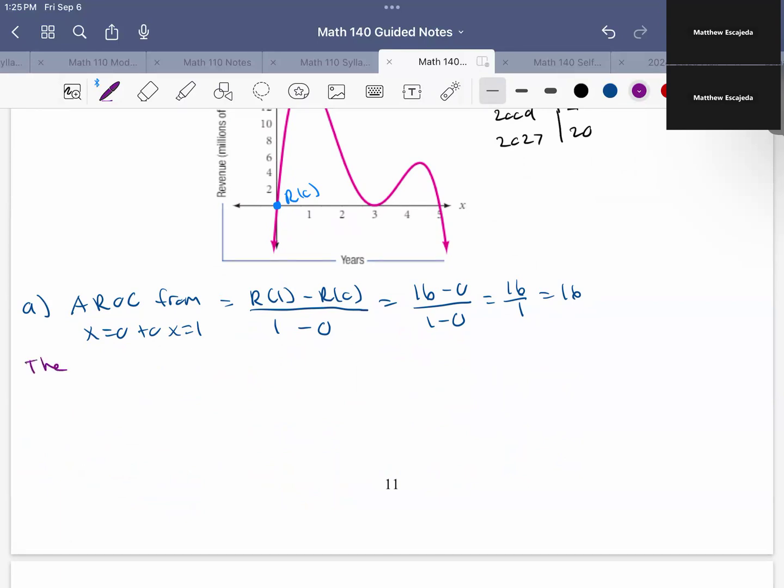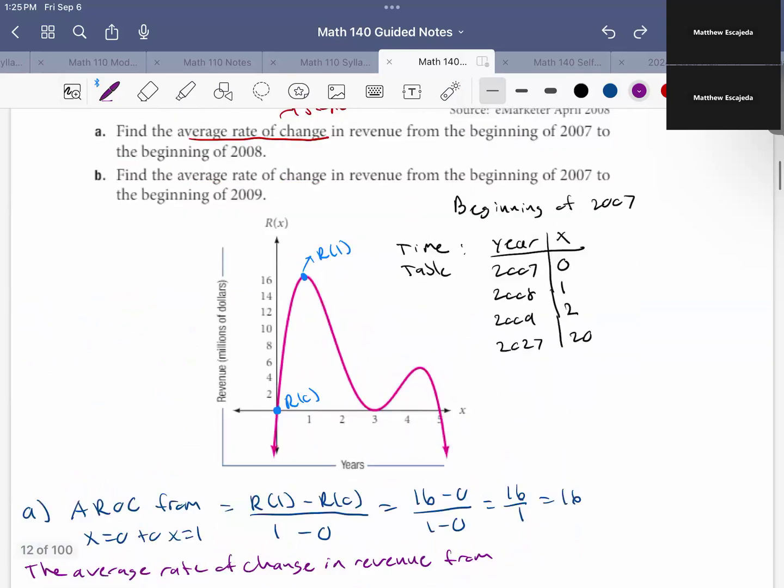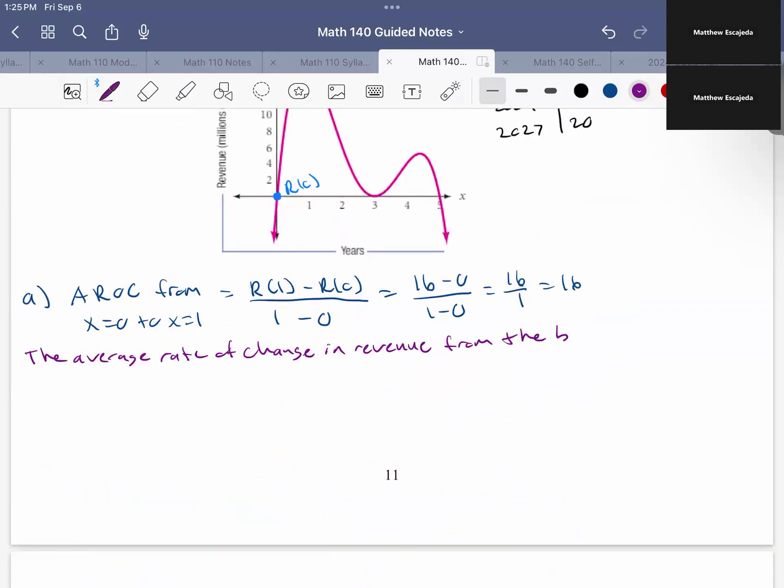The average rate of change in revenue from the beginning of 2007 to 2008 is 16.